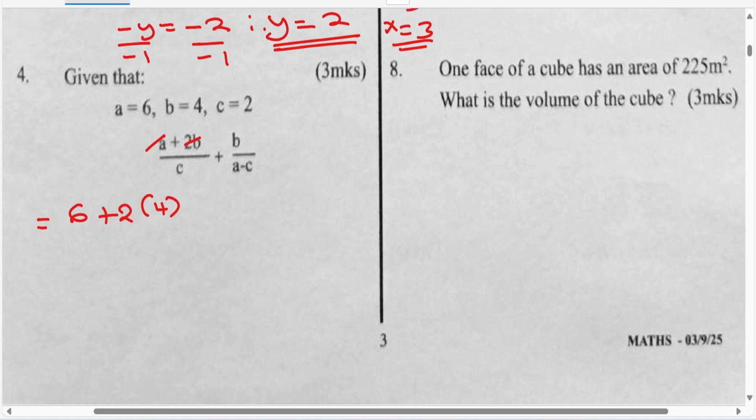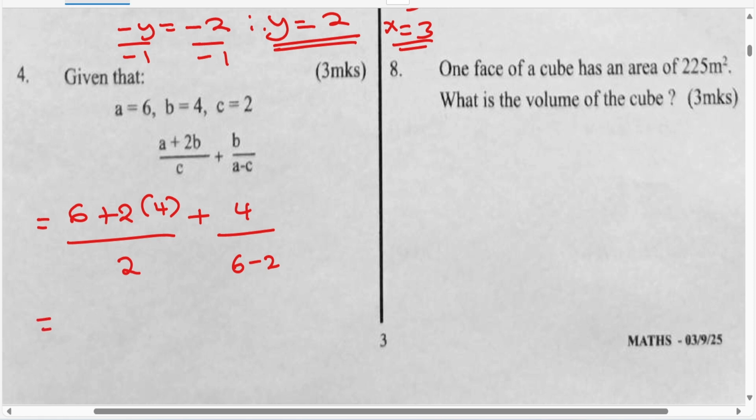Now pia divide by c, c yetu ni 2, hiyo pia tushamaliza now. Okay, plus b is 4, so 4 over a minus c, which is 6 minus 2. Tushamaliza nao zote. So basically we've used everything and we've substituted each letter with its appropriate number.